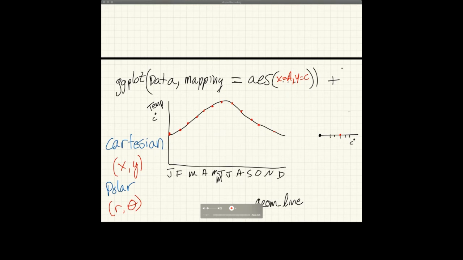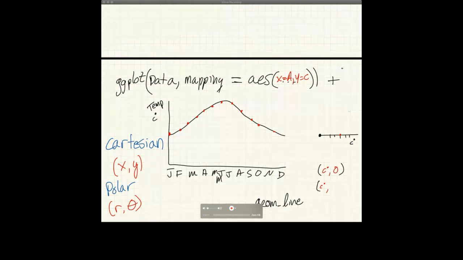So we start that off just by saying, okay, I'm going to encode one of the values in my data set to a position of degrees Celsius of its temperature, and then it's the first month. So I'm going to put it at 0, let's say. Then I might want to put the next month at its degrees Celsius, but instead of putting it at an angle of 0, I might put it at an angle theta 1.